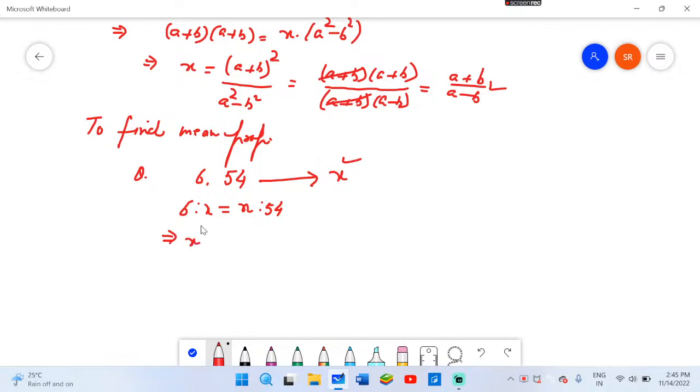That gives me x square is equal to 6 into 54. Product of means is equal to product of extremes. So this becomes 6 into 6 into 9. We want x. Take roots here. So this becomes 6 into 3. It becomes 18. Answer should be 18.